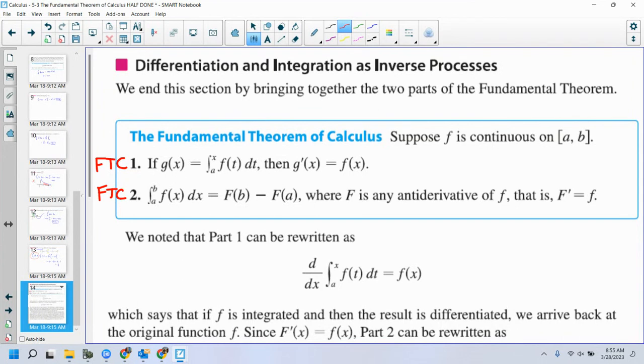FTC1 basically just says that the derivative of the integral gets you the original function inside there. FTC2 is our f of x from a to b, that's our top minus bottom thing.